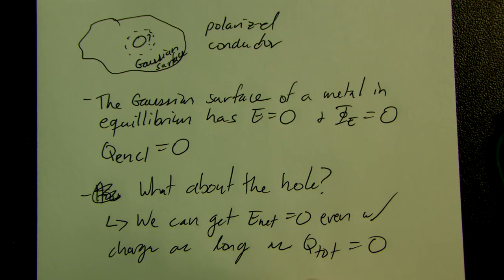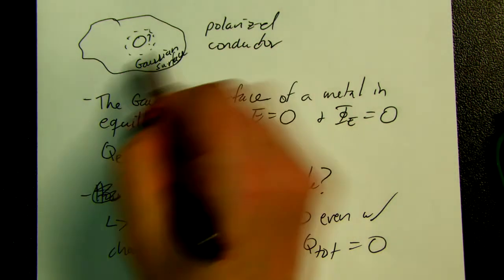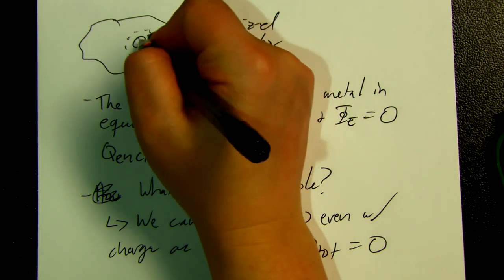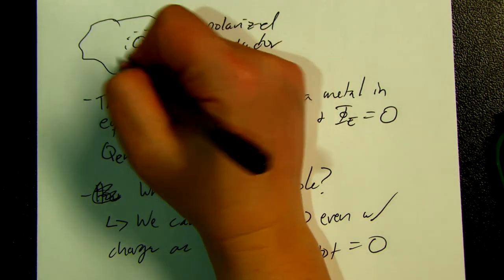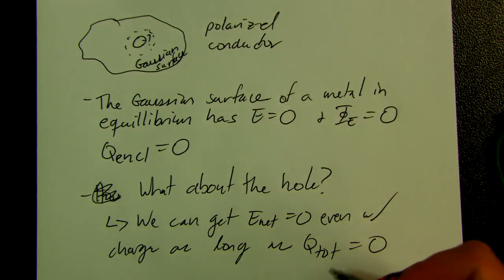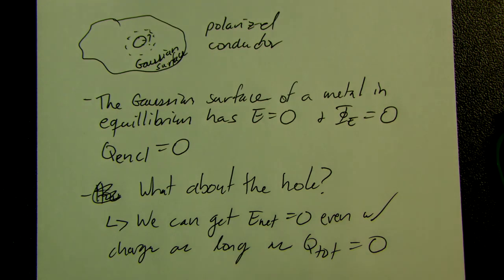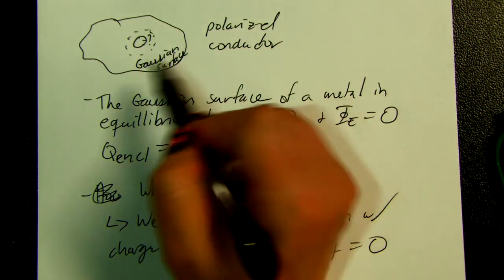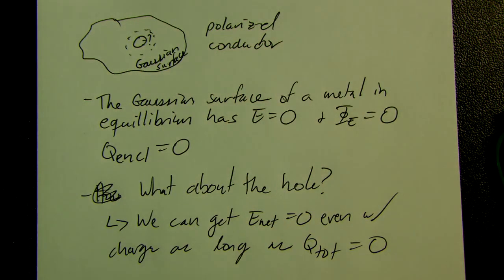So if you were to draw different Gaussian surfaces, what you would see is that even if there are some charges here, you're going to get 0 very, very quickly. Any charges that are on this area are going to cancel out with the other charges around that, giving you 0.